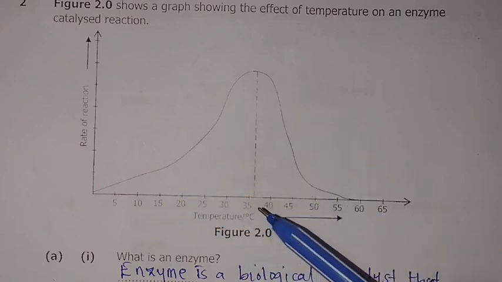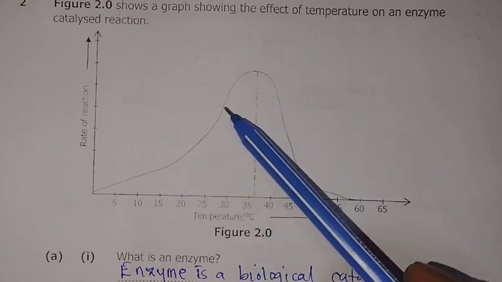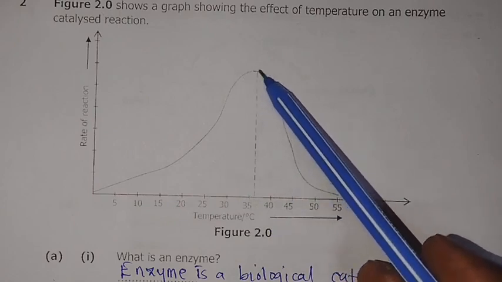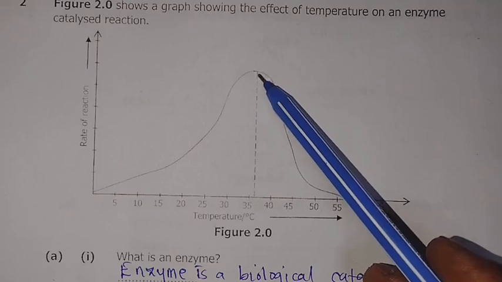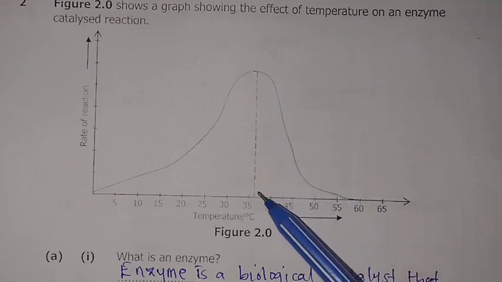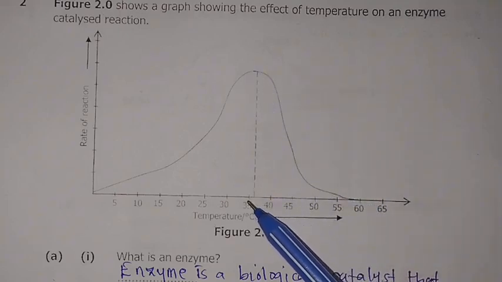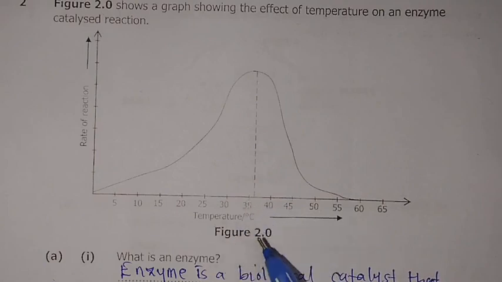So here, when you look, this is where the optimum temperature is. Now look at this line which is coming down right here. Here you have 35 degrees Celsius. So you can't pick this as your answer. Definitely you'll get it wrong. You can pick closer answers such as 36 degrees Celsius or 37.